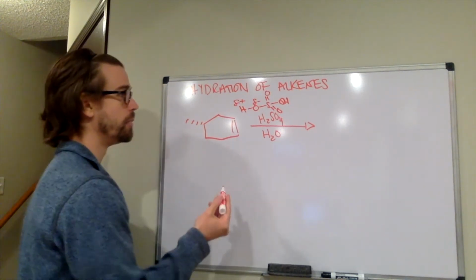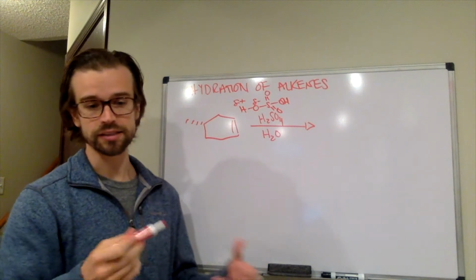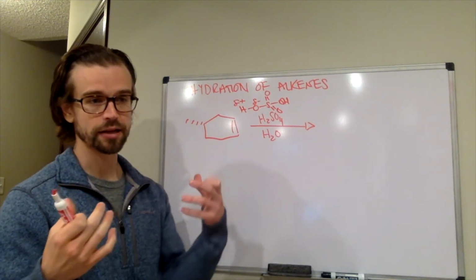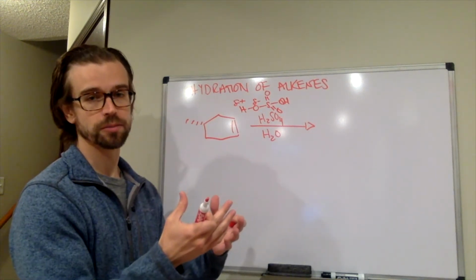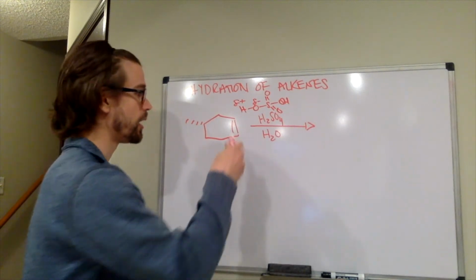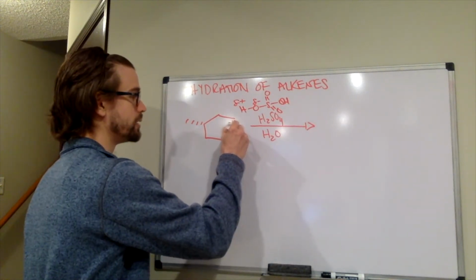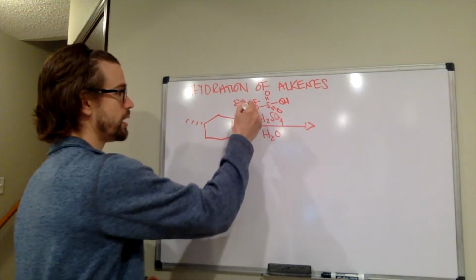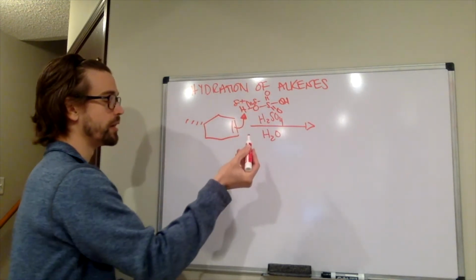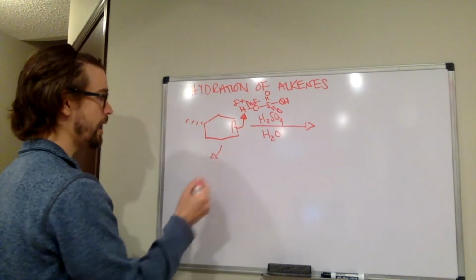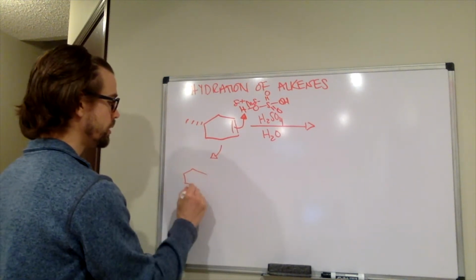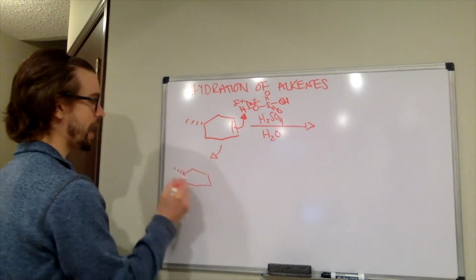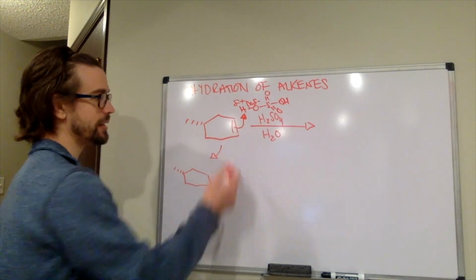So just as with HCl and HBr, the partially negative pi bond adds to the partially positive hydrogen. The pi bond is going to give its negative electrons to that hydrogen, and the OH bond is then going to break. That would mean that we added a hydrogen to either that side or that side.